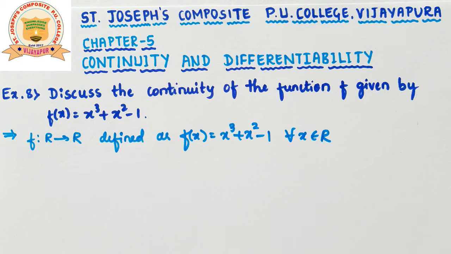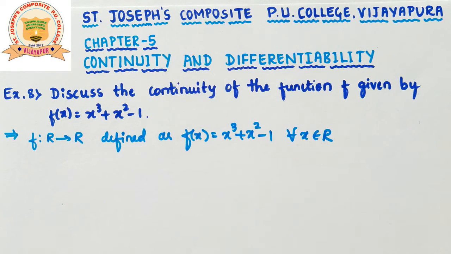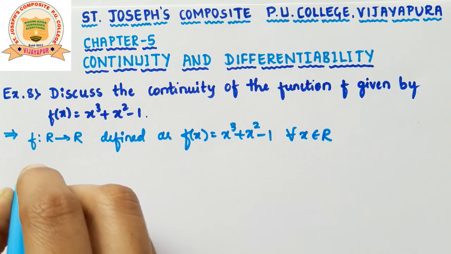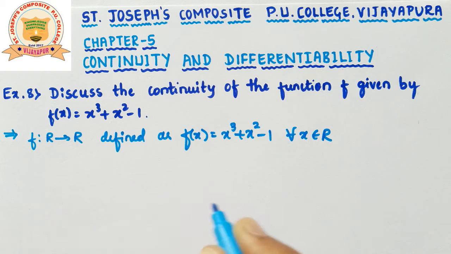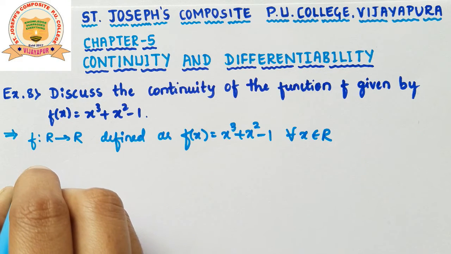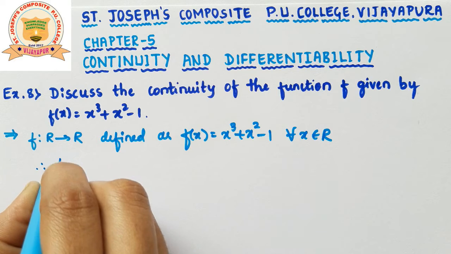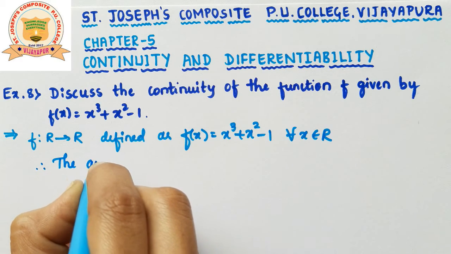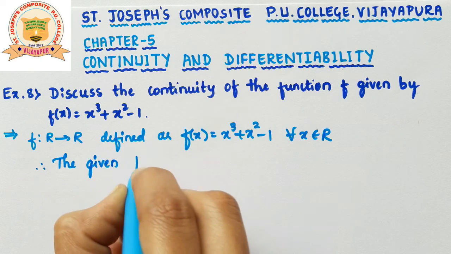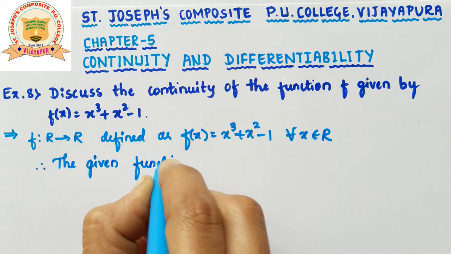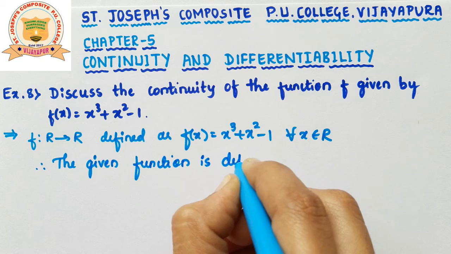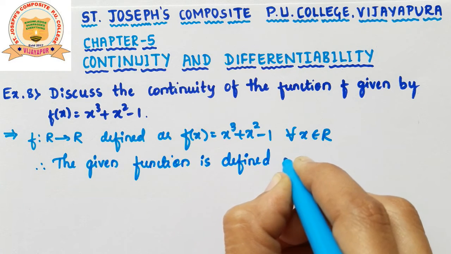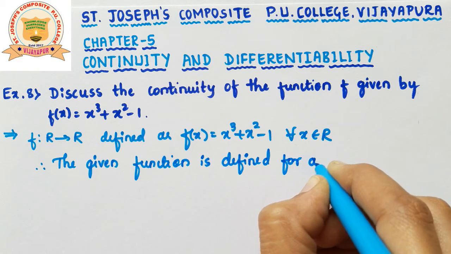We can't check at each and every point of its domain. So, we have to take a general point. First, what do we have to write? Whether the function is defined for all the real numbers? Yes, it is defined for all the real numbers. Therefore, first we have to write that the given function is defined for all real numbers.